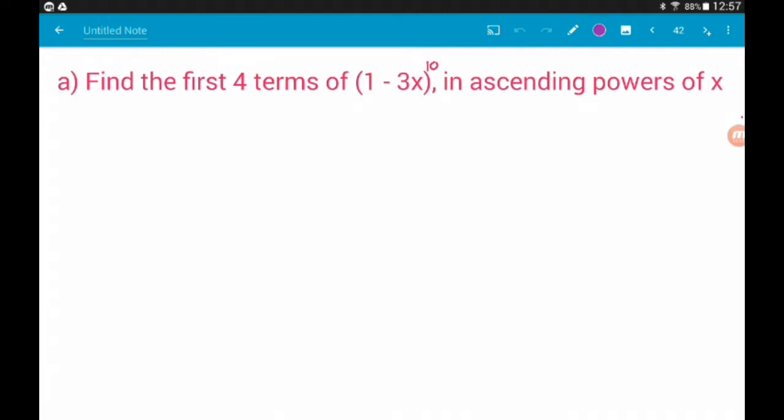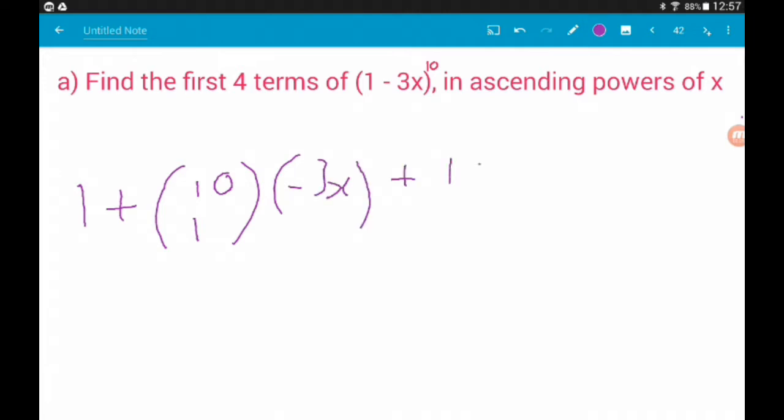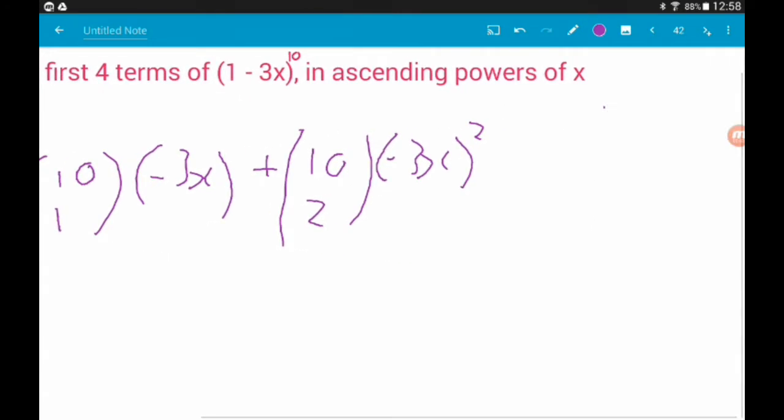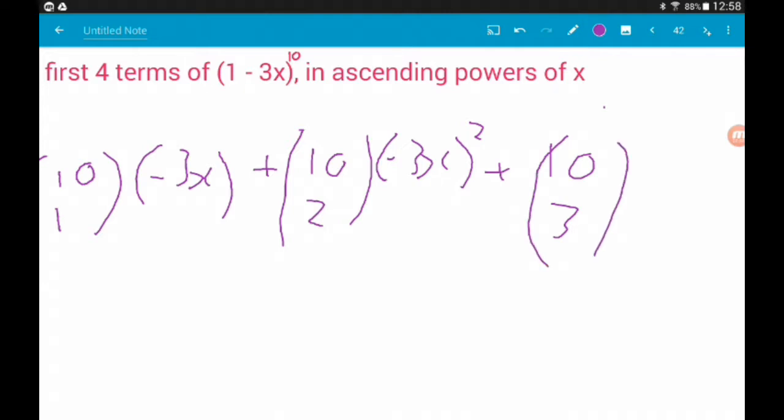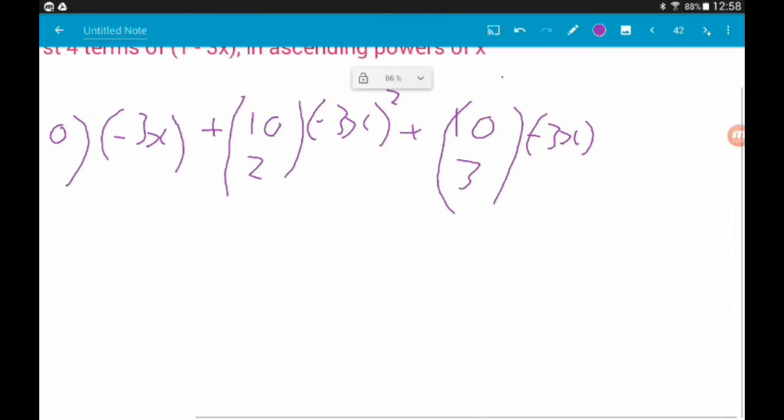So, we're going to get 1 plus 10 choose 1 times minus 3x plus 10 choose 2 times minus 3x all squared, and then plus 10 choose 3 lots of minus 3x all cubed.